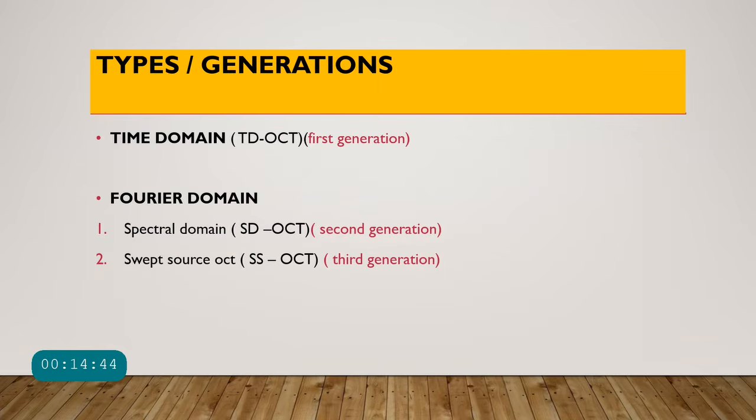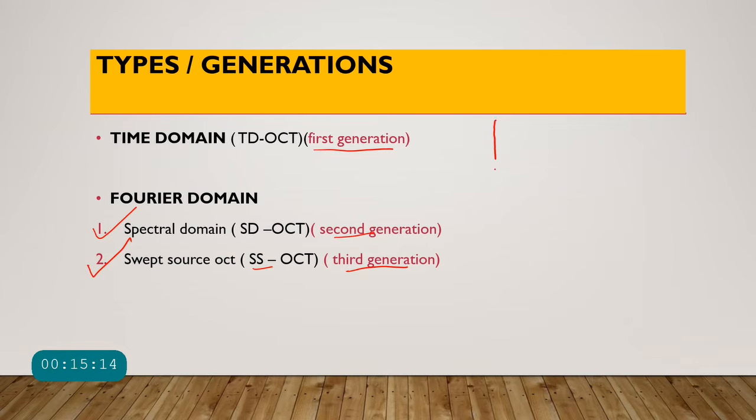Coming to the types and generations of OCT. The OCTs are basically two types, time domain and Fourier domain. The time domain is also called the TD OCT, or the first generation OCT. And then we have the Fourier domain OCT, in which again two types are present: the spectral domain, also called the SD OCT or the second generation OCT, and the swept source OCT, the third generation OCT, or the SS OCT.